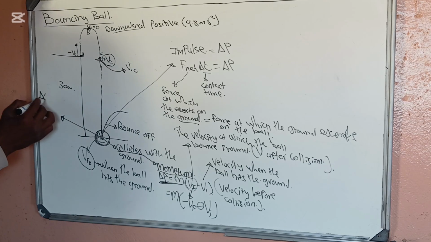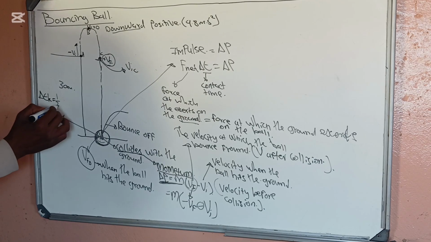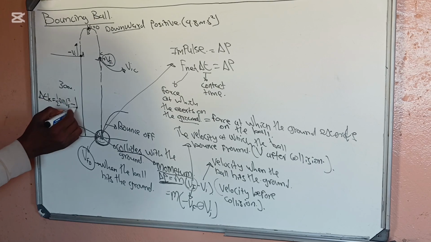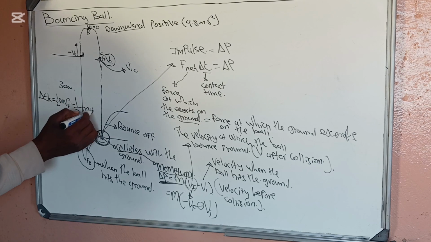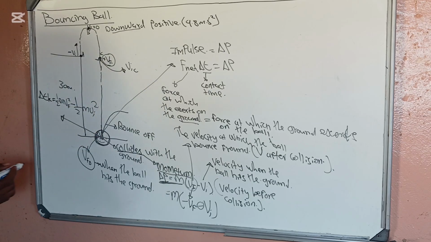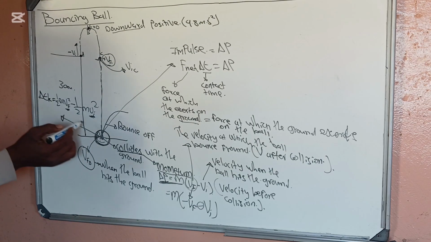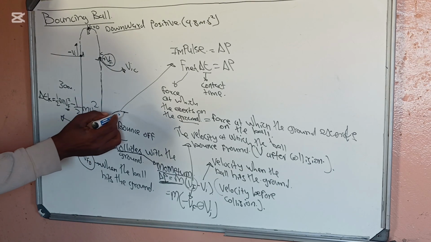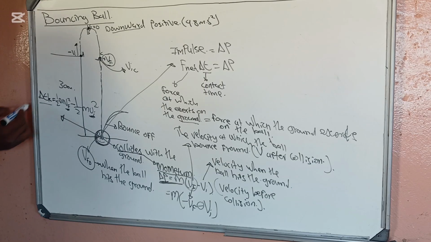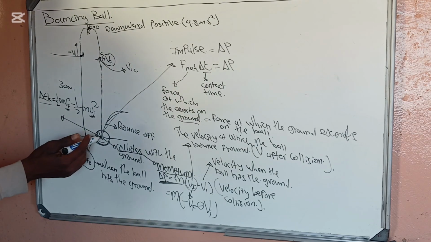Change in EK, which is 1 over 2 mvf squared minus 1 over 2 mvi squared. And the same, the initial velocity is the velocity at which it hits the ground, and the final velocity is the velocity at which the ball bounces. Then you can find the energy lost here.